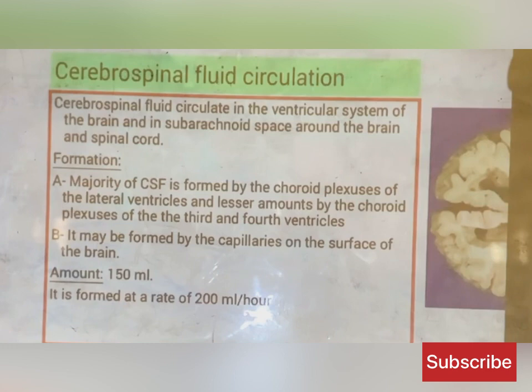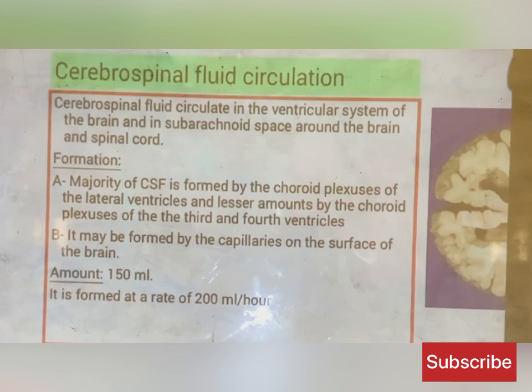If the brain is affected by infection, the CSF can give you signs of the infection or the different varieties of microorganisms affecting the brain, something like meningitis. Meningitis is caused by organisms that affect the meninges, and some of the bacteria or viruses you can find inside the cerebrospinal fluid.